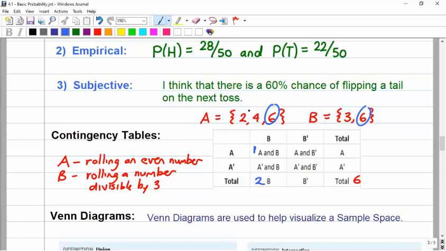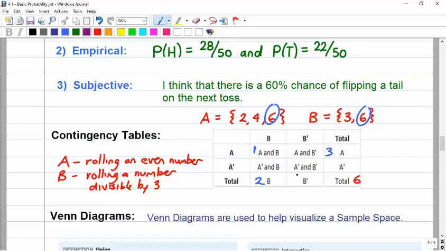The total number of A's is 3. Now I can complete the rest, without even listing out the A primes and the B primes, because everything has to add up across and down. I'll use purple to put in the new numbers. So you actually have enough to finish this.